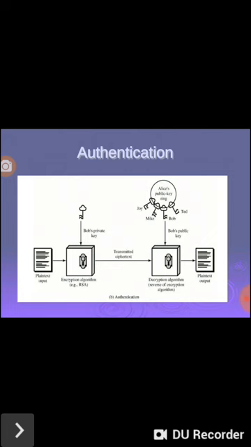Means Bob is going to encrypt the message using his own private key, so that the encrypted message is transferred to Alice. Now Alice is going to decrypt the message, so that he will get the original message. So this concept is called authentication using public key cryptography.